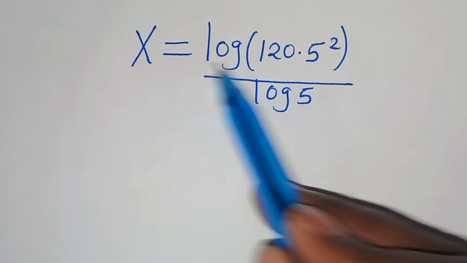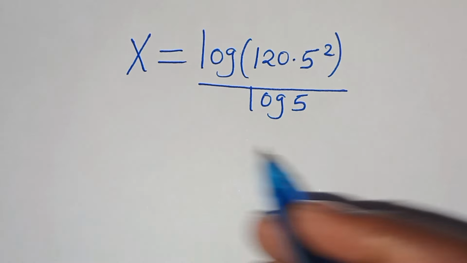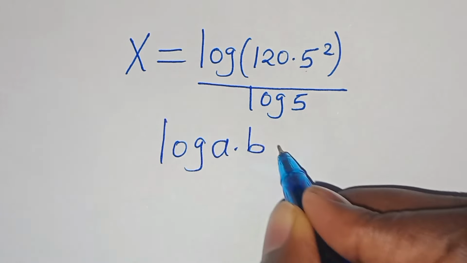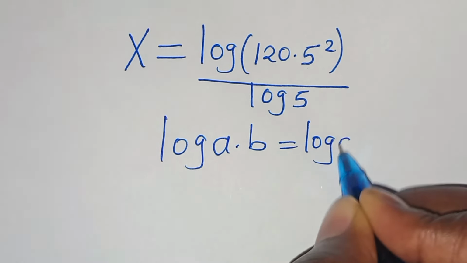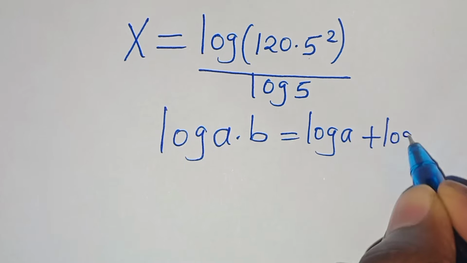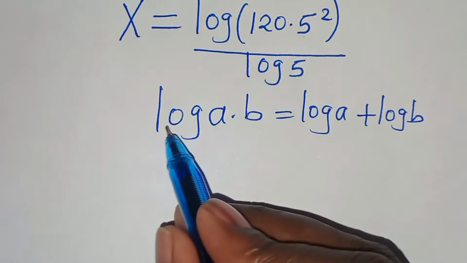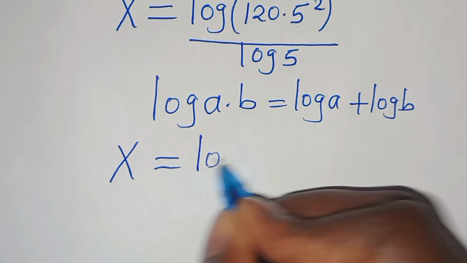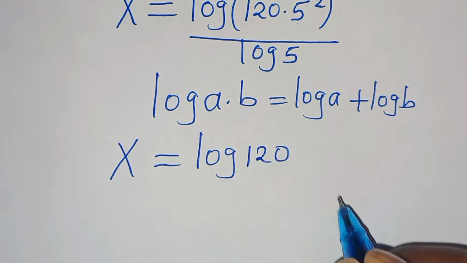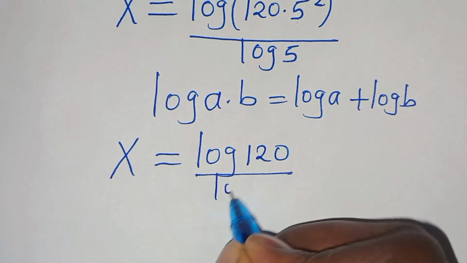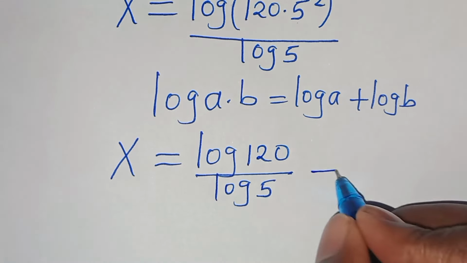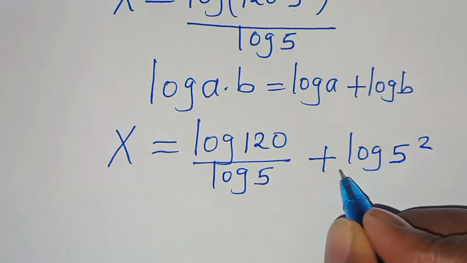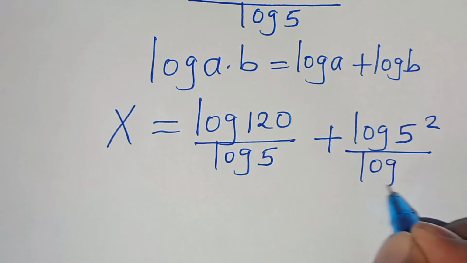Now we have that log 120 times 5 to the power of 2, this is in the form of log a multiplied by b, which we can express as log a plus log b. Applying this logarithm property, then we have x is equal to log 120 divided by log 5, then plus log 5 to the power of 2 divided by log 5.